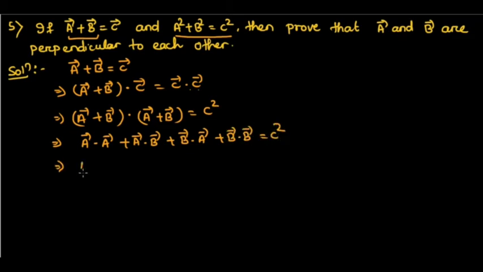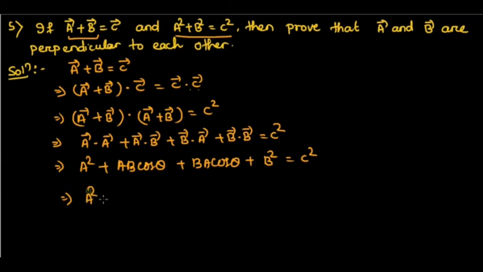So a dot a is a square, a dot b is ab cos theta, b dot a is the same, ba cos theta, and b dot b is b square, equal to c square. That implies a square plus b square plus 2ab cos theta is equal to c square.